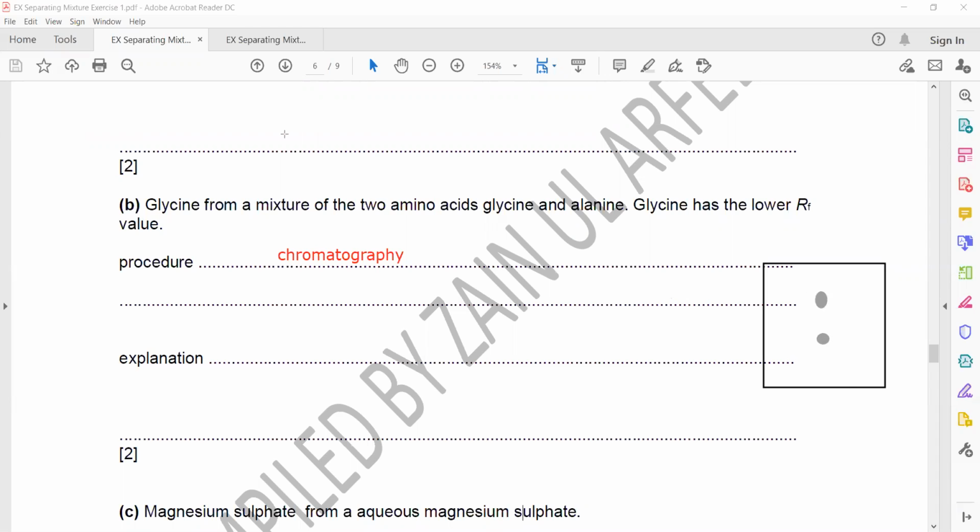Because they have different solubility. The one which dissolves more will rise to a greater height. The one which dissolves less will not move too much.